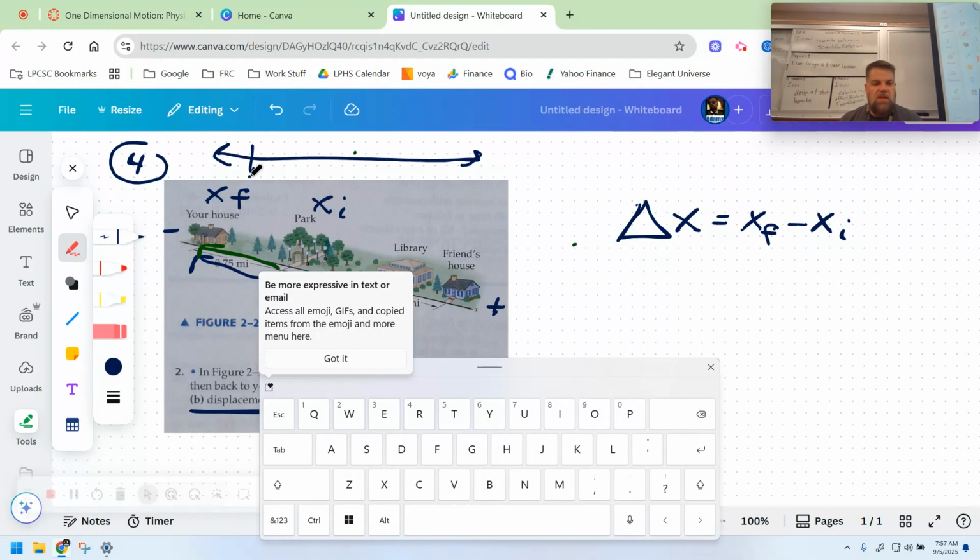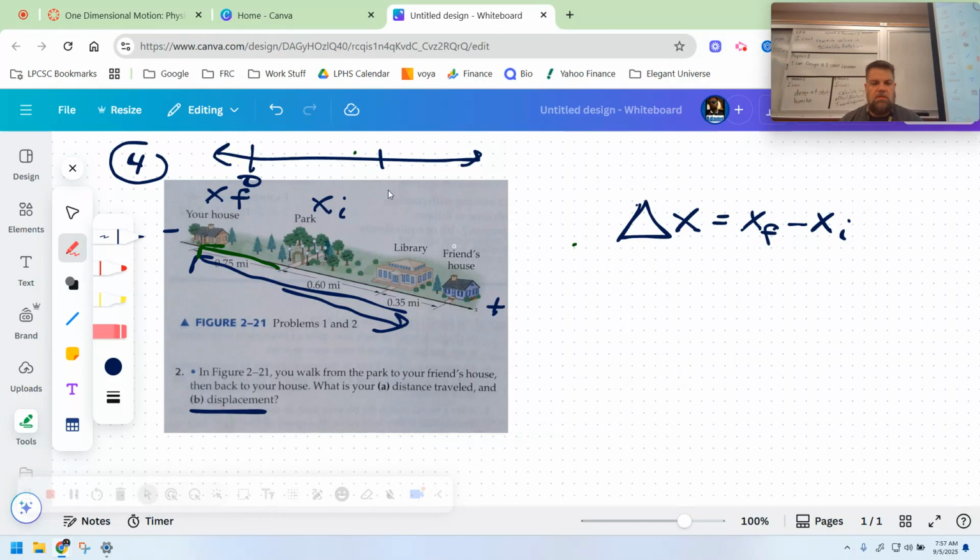My house would be at 0. And then way over here would be 0.75, right? So this is my house, and this is the park. So then my initial position is 0.75, and then my final position is 0, and that's in miles.